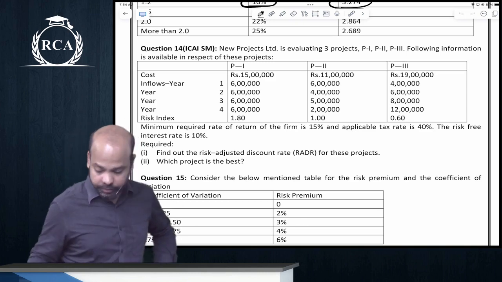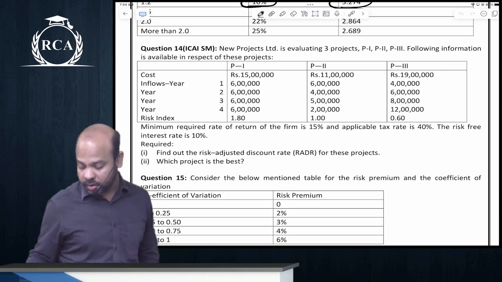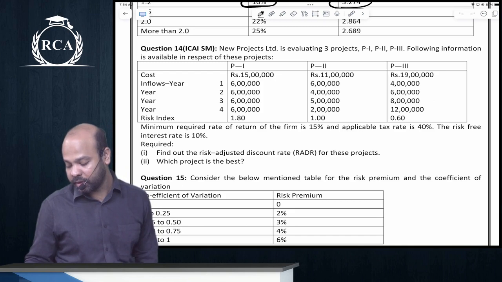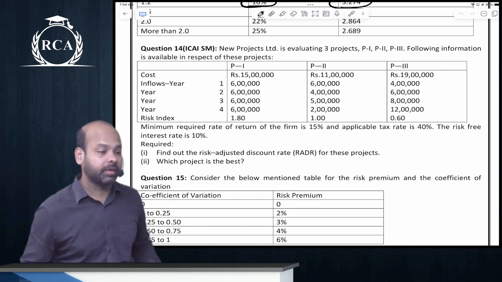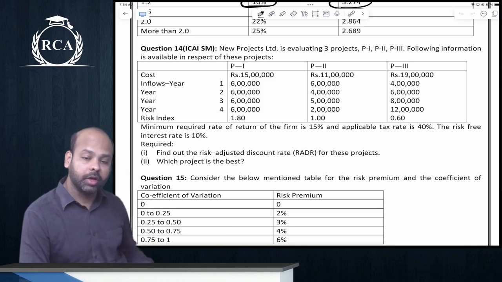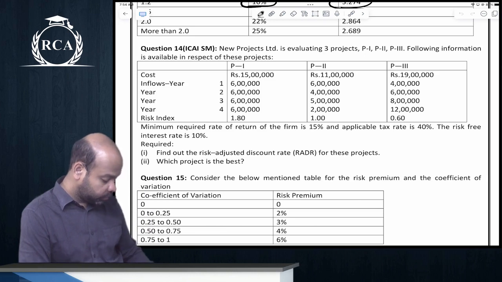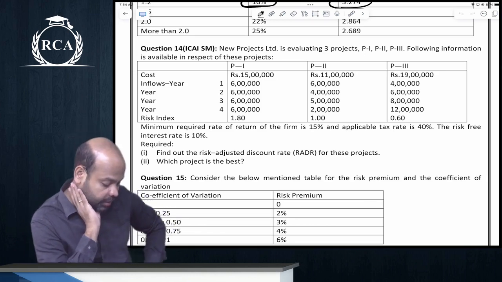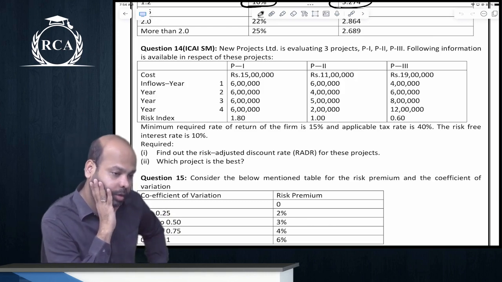Next. The required rate of return of 15% will be for a normal risk project.